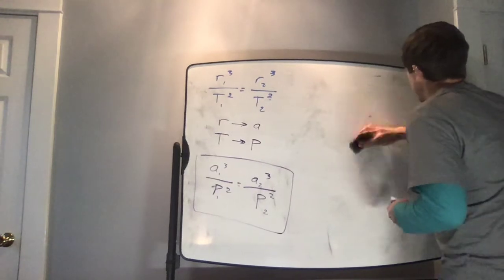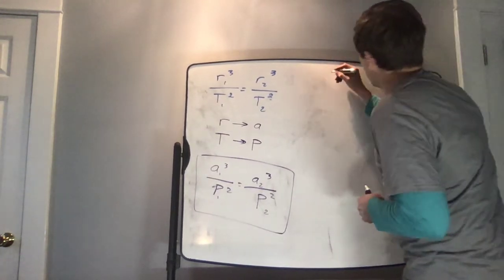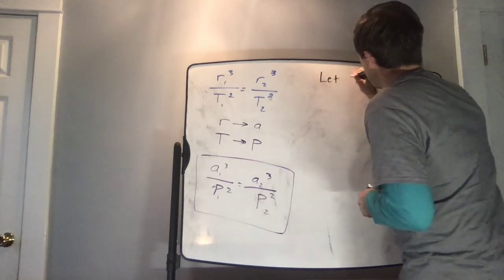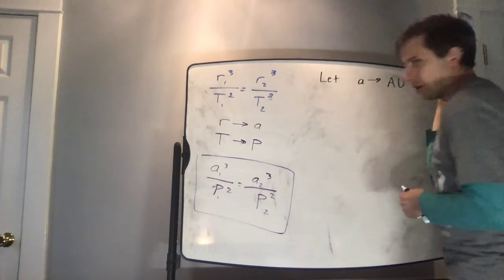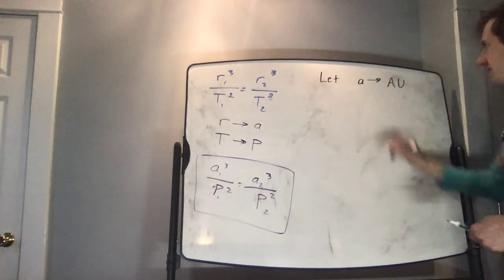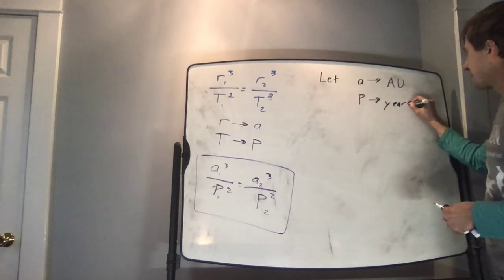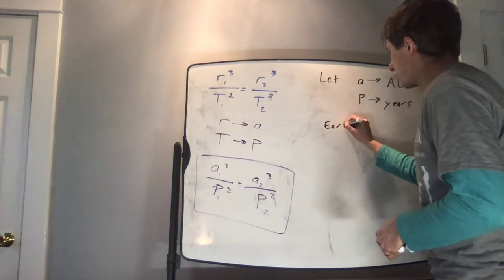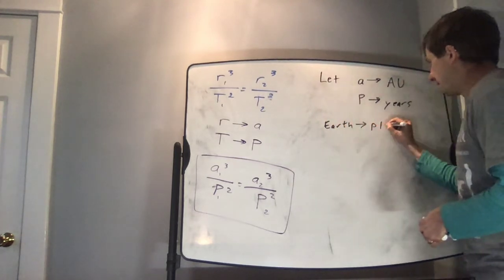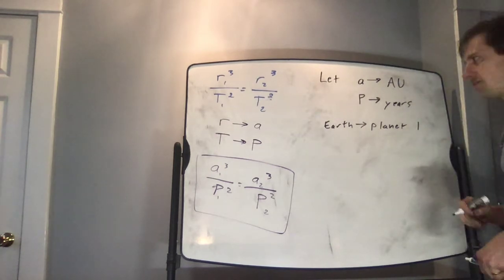So when I do that, I will say, let A be measured in AU, where 1 AU is the Earth-Sun distance, and let P be measured in years. And let's set Earth to be planet 1, because we're number 1.